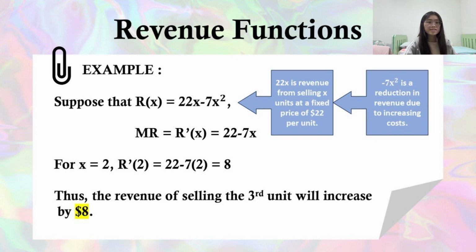The first step is to differentiate the revenue function's equation, and we will get 22 minus 7x for the marginal revenue. If we want to calculate for x equal to 2, we substitute x equal to 2 into the first derivative equation, and we will get 8 for the answer. Thus, the revenue of selling the third unit will increase by $8.